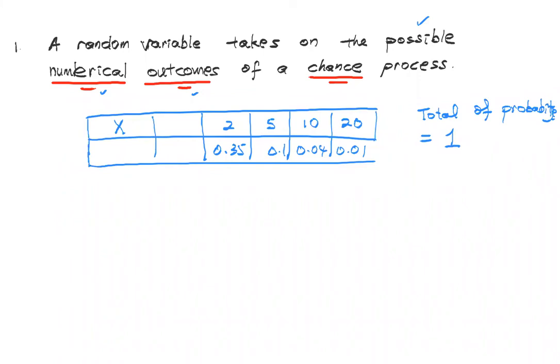So there is another outcome for this variable X here, that is you didn't get anything, so the chance is 0.5. Are you clear? So that is called a random variable. It must be a numerical outcome of a chance process.